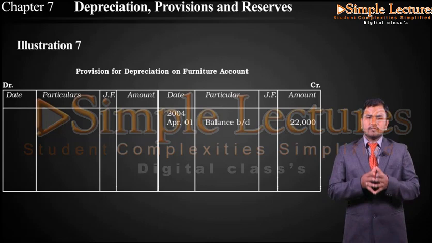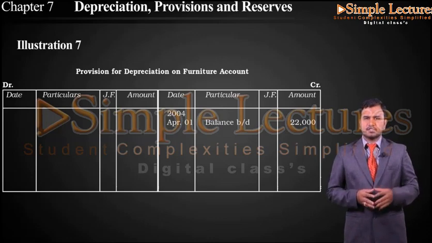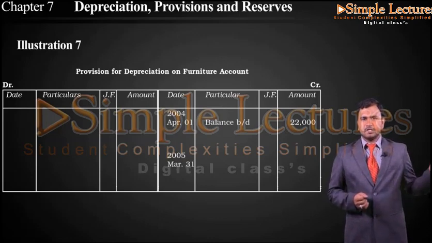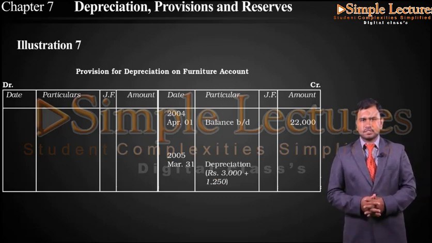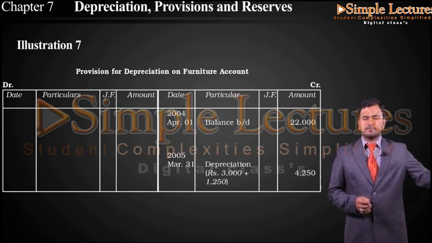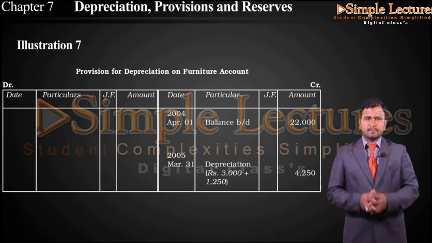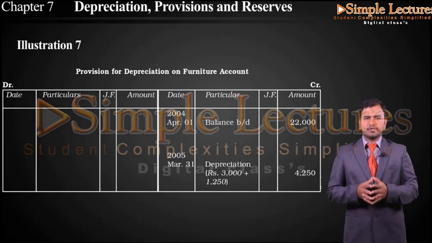Then again, the depreciation we have charged will be considered on the credit side. 31st March, depreciation, where we have 3,000 depreciation and 1,250 depreciation, a total of 4,250. Then coming to the debit side, we consider the depreciation charged on the asset sold, which is the furniture.